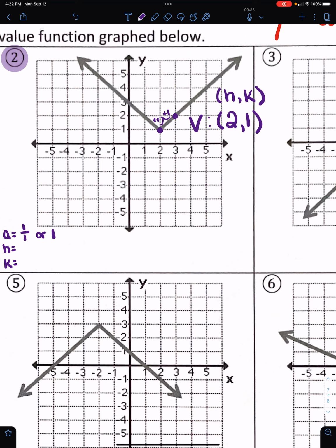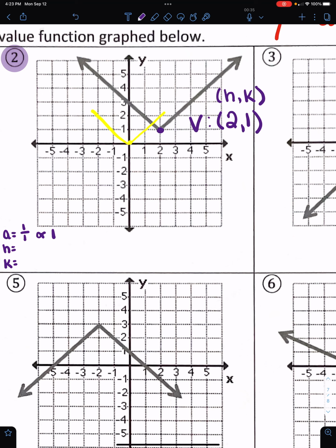Now for the h value, I am trying to think of my parent function, which originally started, let me pick up a light color. My parent function started here, and I want to see how it transformed to this point here, our new vertex here, okay?